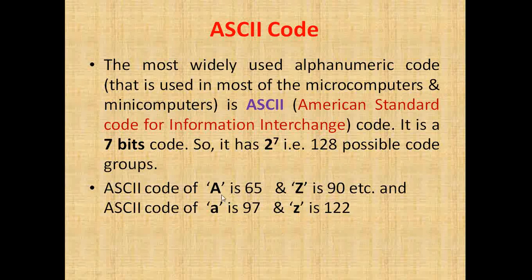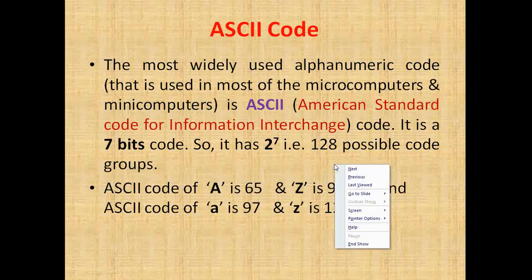That means when we press A from keyboard, it generates an ASCII code of 65 in all those computers which use ASCII code encoding schemes. When we press Z, it generates 90. When we press small z, it generates 122. So for each character there is a specific ASCII value.